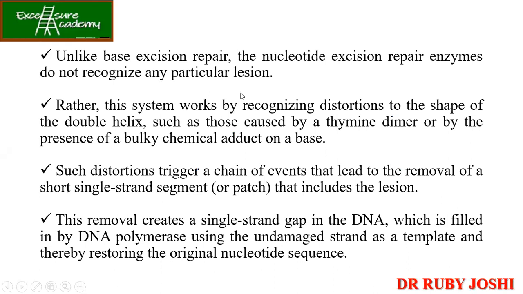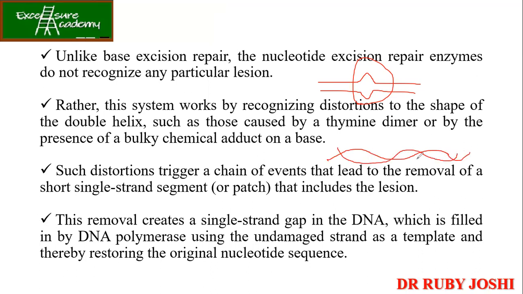So unlike base excision repair, the nucleotide excision repair enzymes do not recognize any particular lesion. If you remember, in the base excision, we have seen that if there is a distortion in the newly replicated DNA strands, this is recognized by the enzyme. Rather, this system works by recognizing distortion to the shape of the double helix, meaning the whole shape of your double helix DNA is getting distorted, and that is what is being recognized.